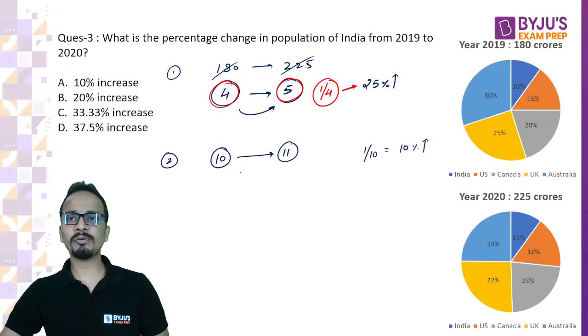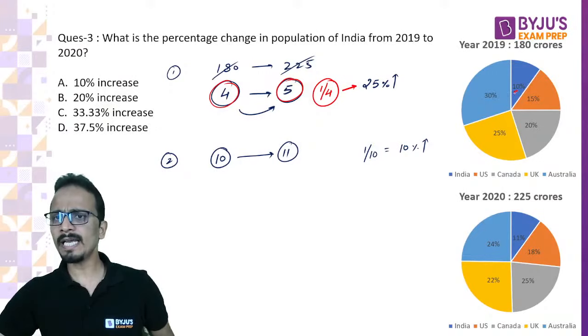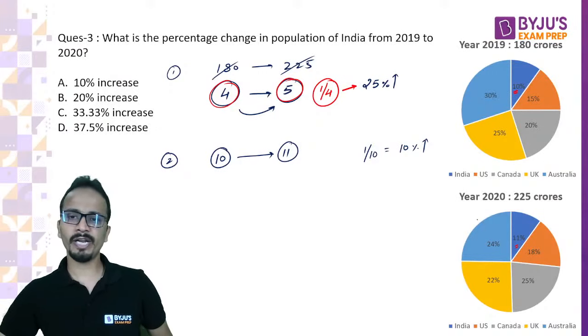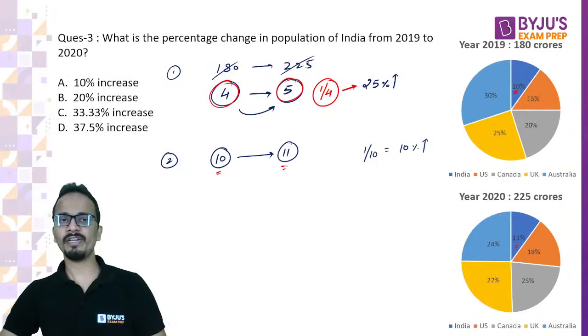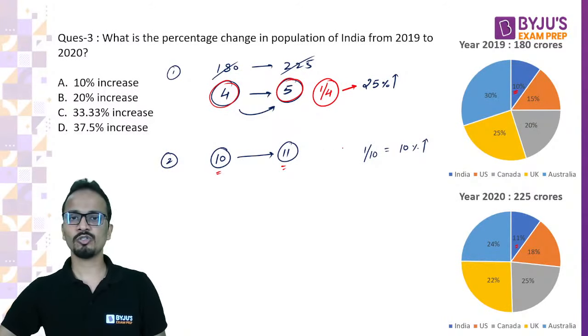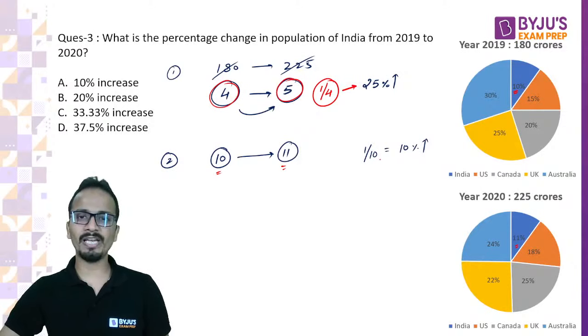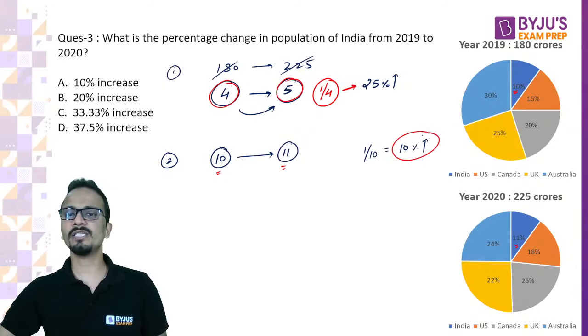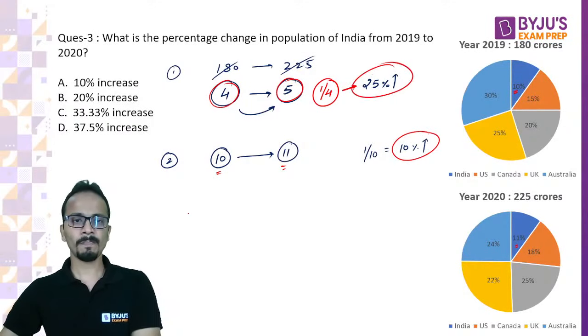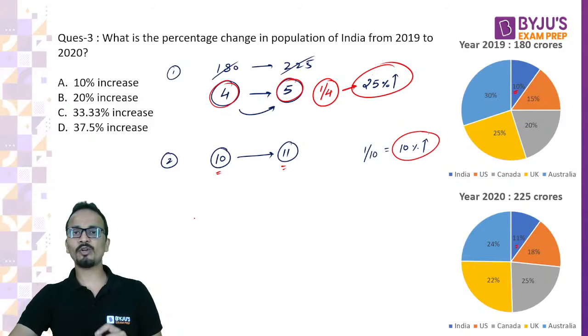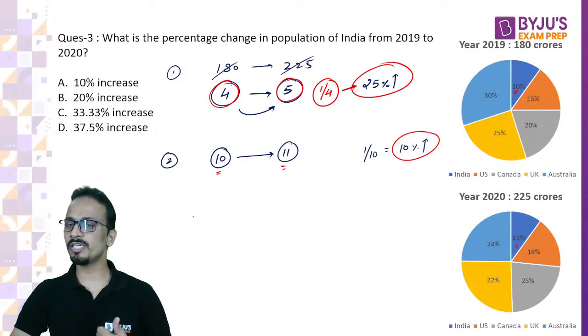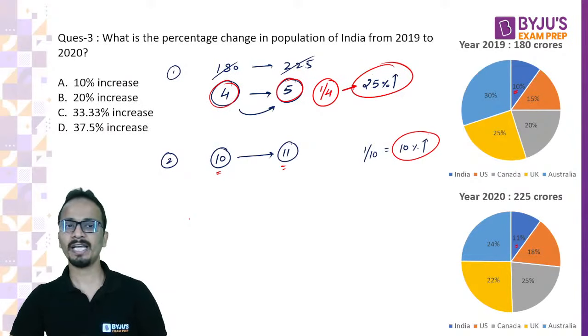Similarly, if I talk about the percentage breakup, 10 and 11 for India in these 2 years. Now from 10 to 11, what is the percentage change? So change is 1 over the initial value of 10. Okay, so it is 10%, right? So the base has increased by 25% and the percentage breakup has increased by 10%.